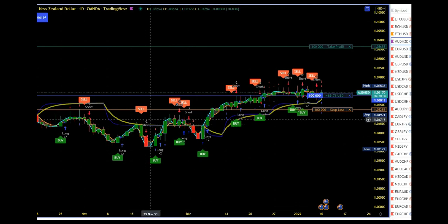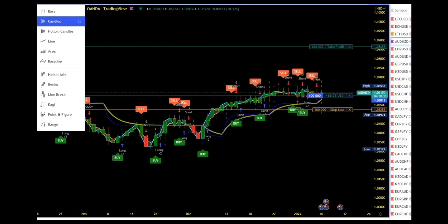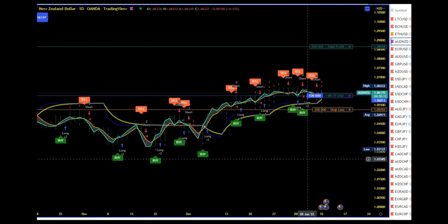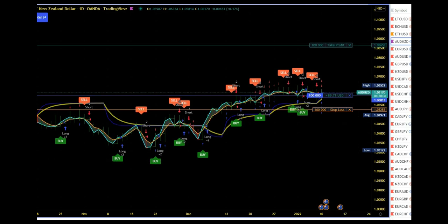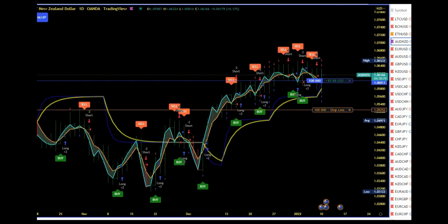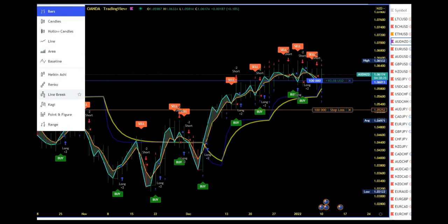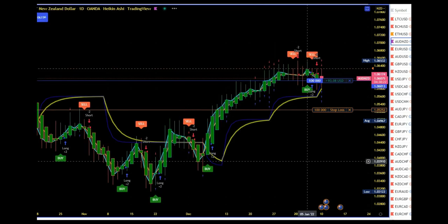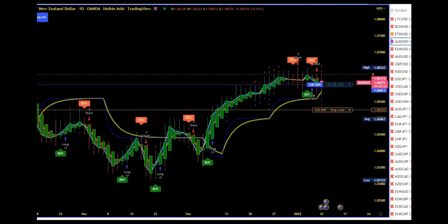So if you set up your chart, for example, to different formations, there's also a possibility to compare. If you open a classic candle chart, Heikin-Ashi, or bar chart, as I can show you here, this is, for example, candles. You see we have a lot of noise here.